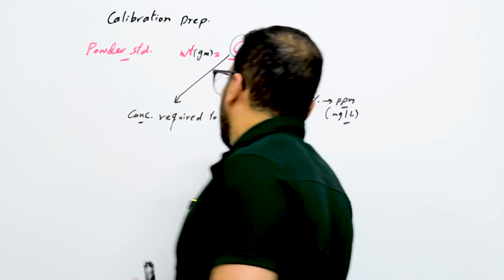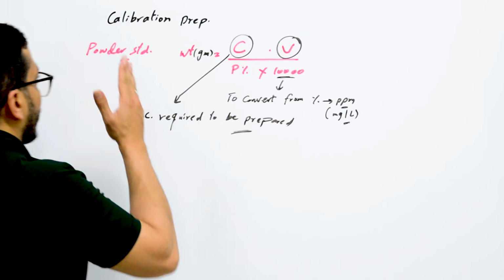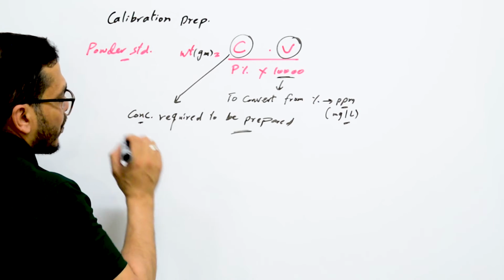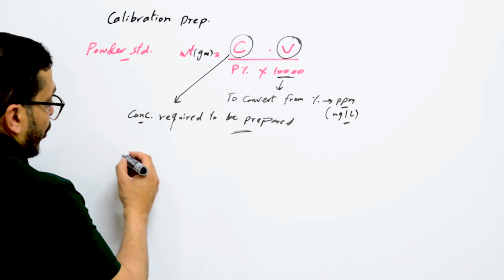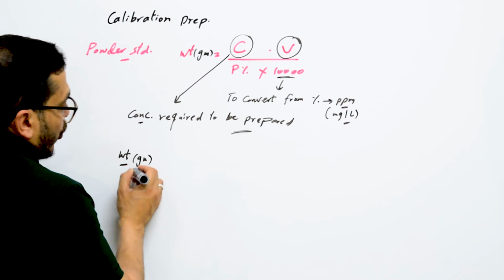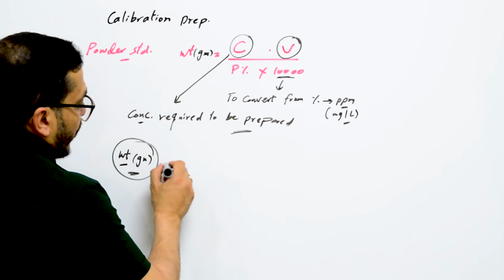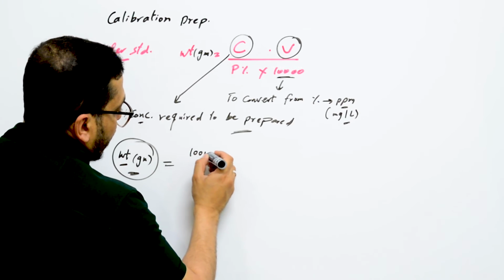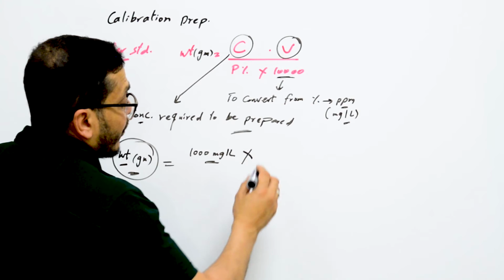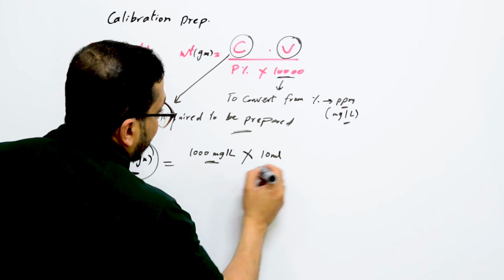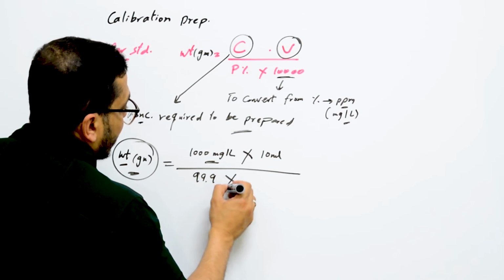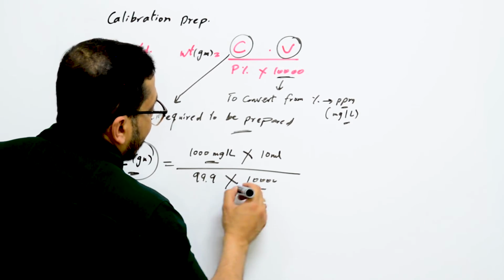As an example, if you want to prepare from this powder standard 1000 milligram per liter, which is a very high concentration, you need to calculate the weight in gram. What is the weight you need to prepare 1000 milligram per liter in a specific volume, as an example 10 ml, divided by purity, as an example 99.9, multiplied by 1 as here.